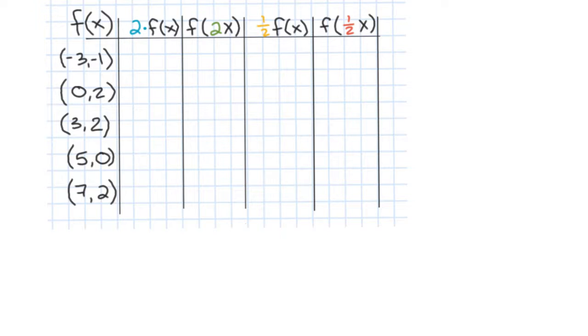Let's begin with the transformation of multiplying by 2 on the outside of the function. Multiplying by the outside of the function affects the y-coordinates of the points on the graph.